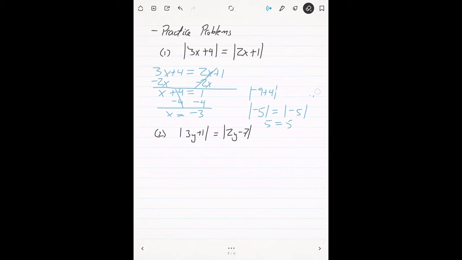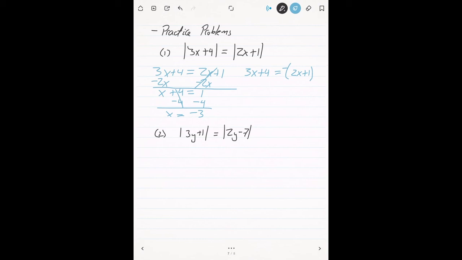But keep in mind, you could have them both be the same, or one could be the positive version of the other, or the negative version of the other. So what I'm going to do here is say the other equation could be 3x plus 4 is equal to the negative quantity of 2x plus 1.